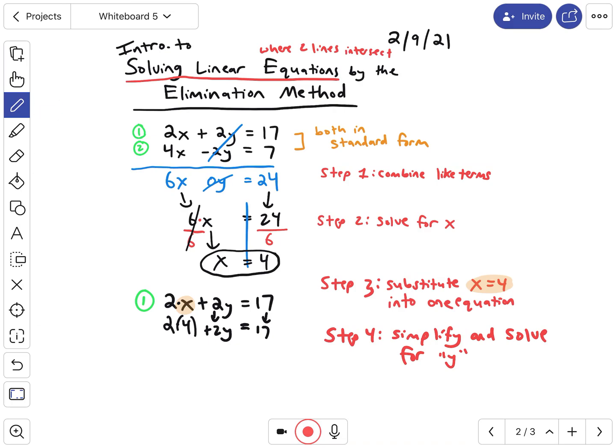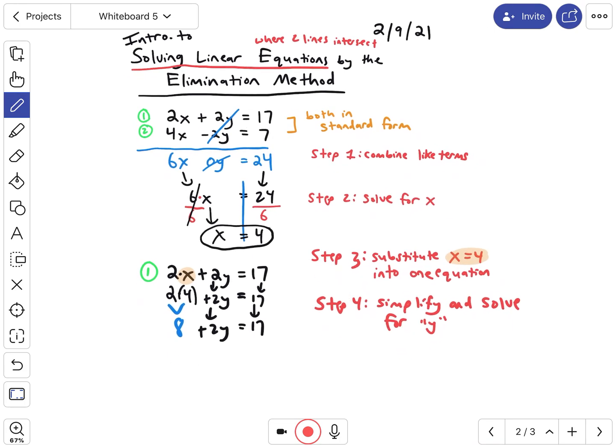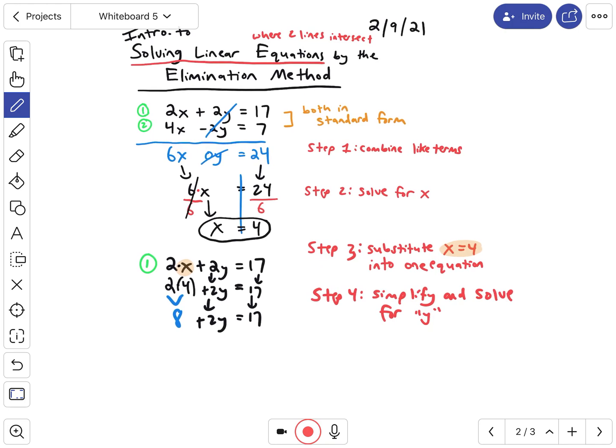Okay, so we're going to multiply. That's the simplifying part. 2 times 4 is 8. And then I'm going to bring down the plus 2y, bring down the equals, bring down the 17. Okay, so now we're solving. In order to solve, we're going to do PEMDAS backwards. Here we have an 8 that's adding, a 2 that's multiplying to the y.